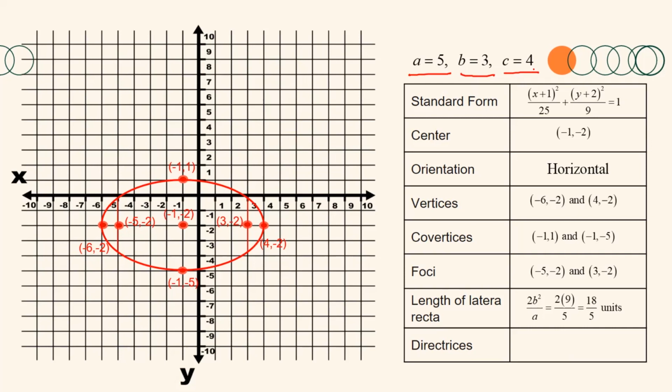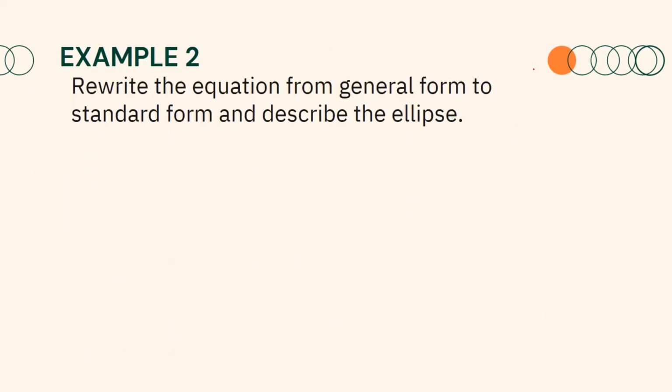Finally, since the ellipse is horizontally oriented, the directrices are the vertical lines with the equation x equals h plus or minus a² over c. Substituting h, a², and c, we can see that the directrices are the lines x equals -7.25 and x equals 5.25. Let us have another example.